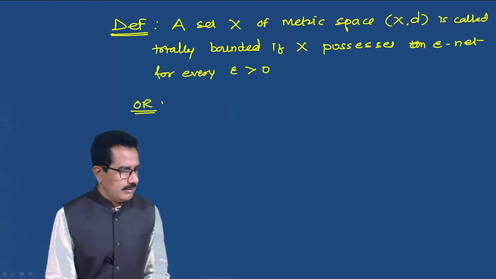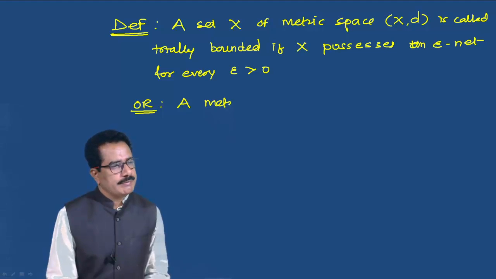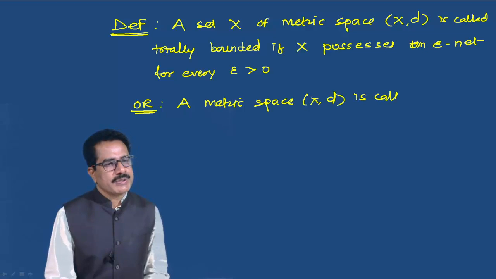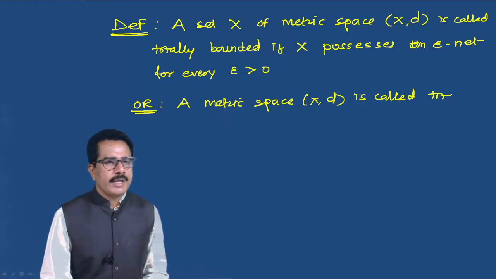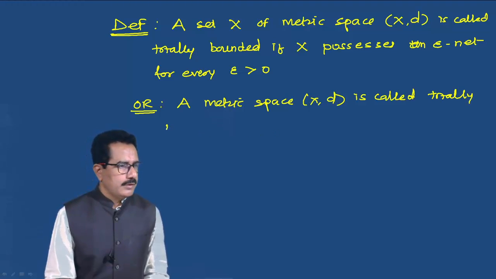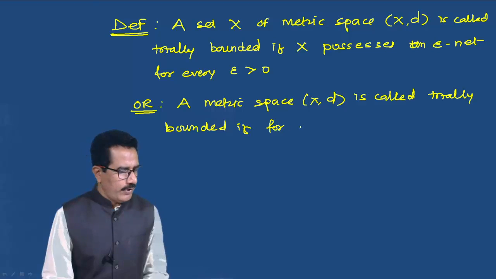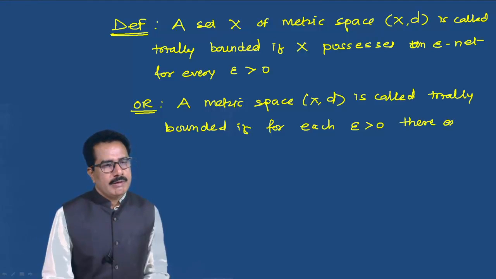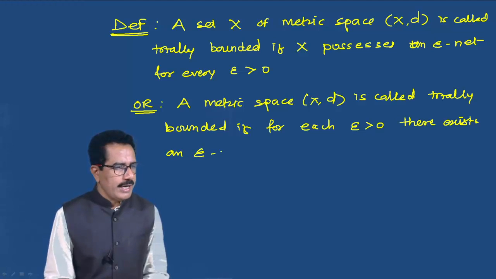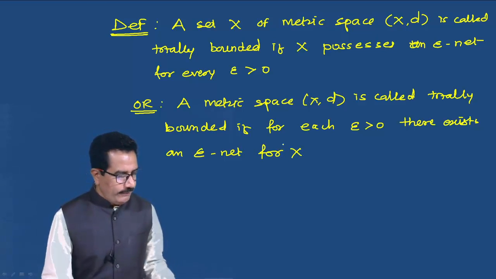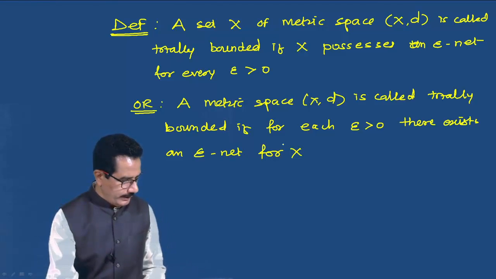A metric space (X, d) is called totally bounded if for each epsilon greater than 0 there exists an epsilon net for X. If there exists an epsilon net for X, it is called totally bounded.